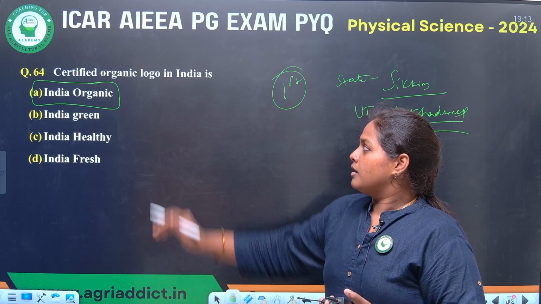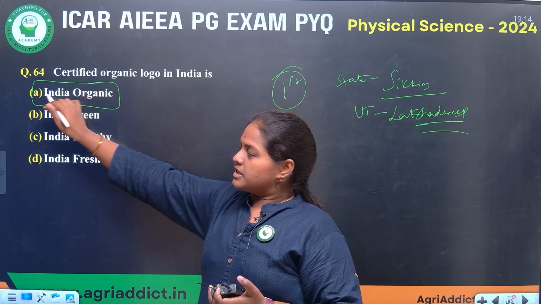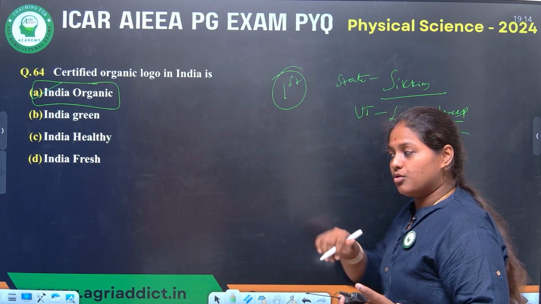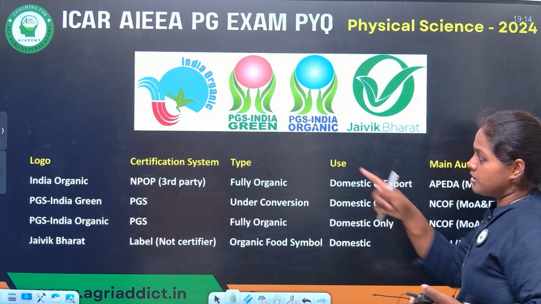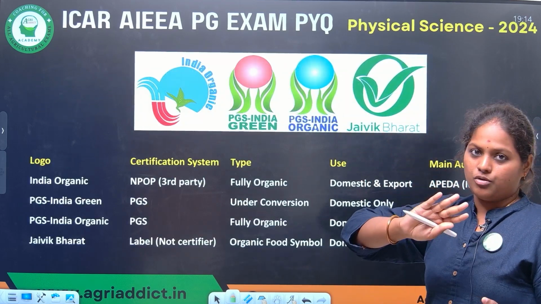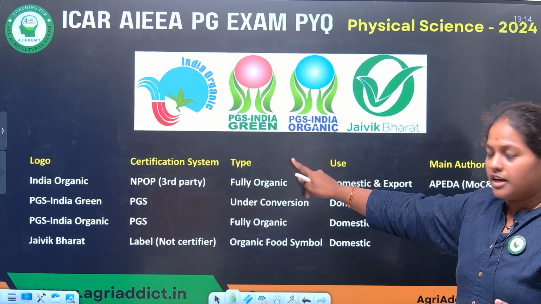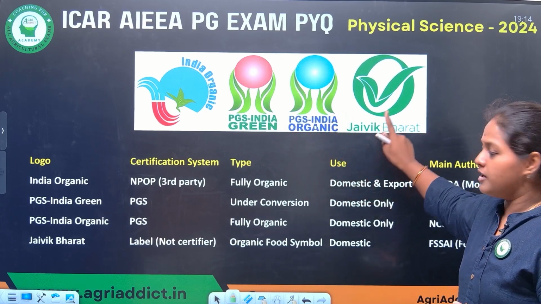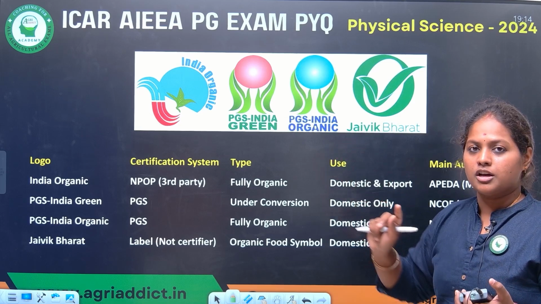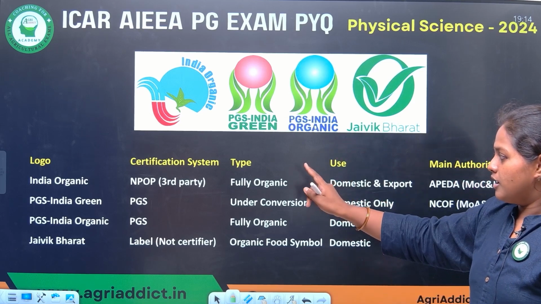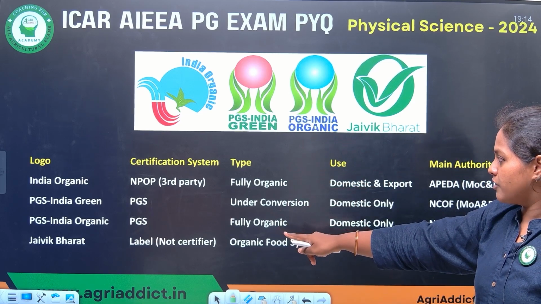So, the certified organic logo in India is India Organic. Like that, many other logos are there with third party certifications. I have given here 4 different logos related to organic products: India Organic, PGS India Green, PGS India Organic and Jaivik Bharat. These 4 logos are related to organic farming, and respective certification systems are also given here.